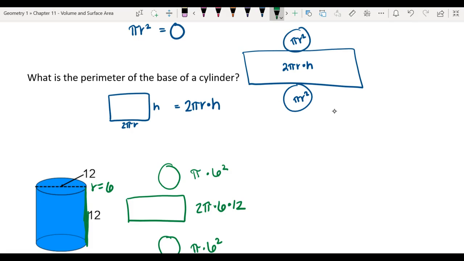On your IXL today, they want you to use 3.14 for pi. So you would do 3.14, 6 squared is 36. 3.14, again 6 squared is 36. And then this would be 2 times 3.14 times 6 times 12. You'd get the area of each of those separately.